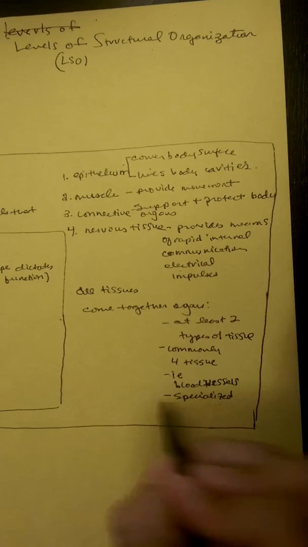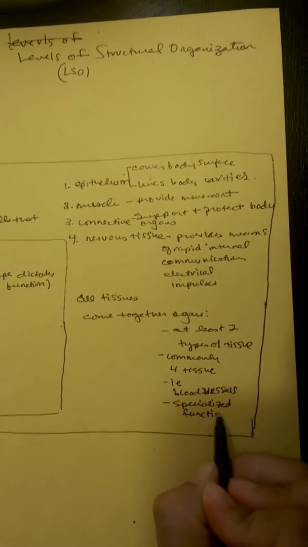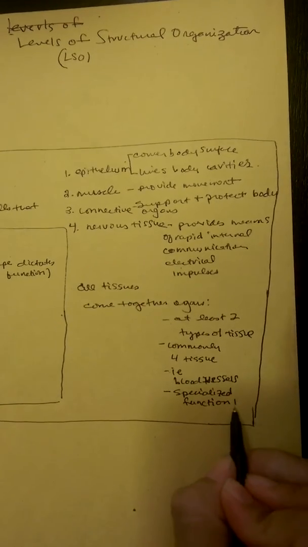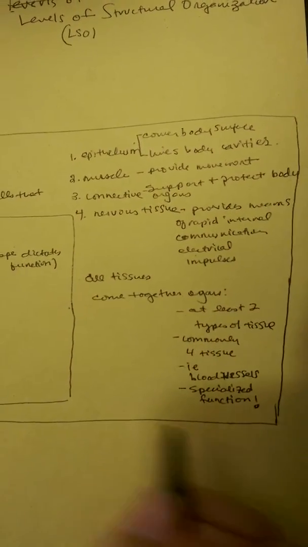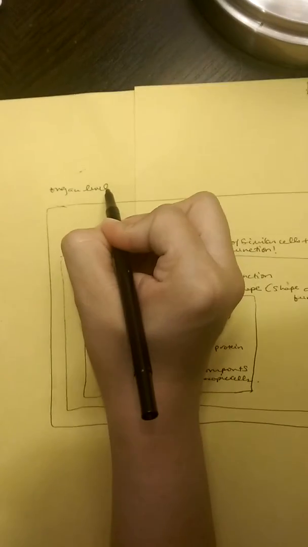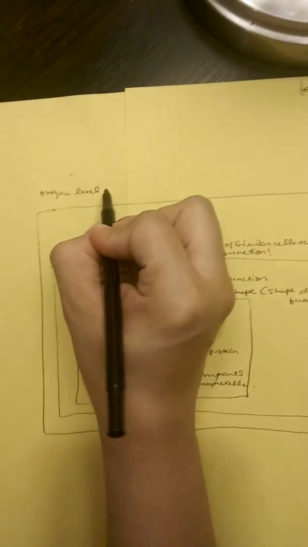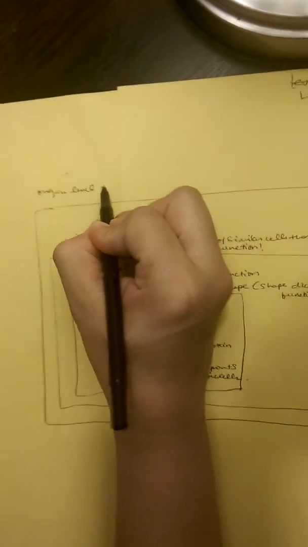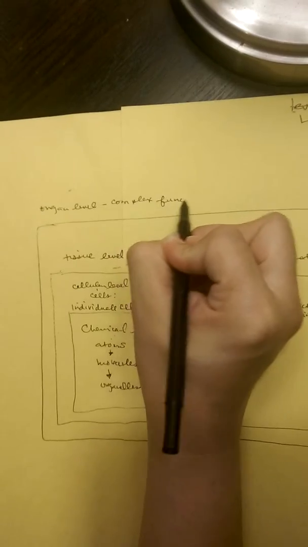What one does, no other organ does. So then now we go to the organ level. And at the organ level, there's complex functions going on.